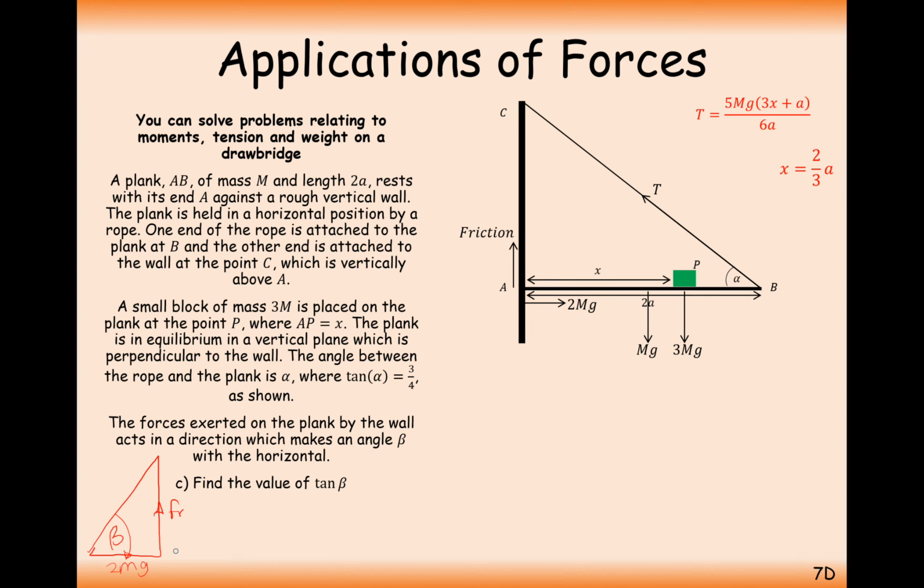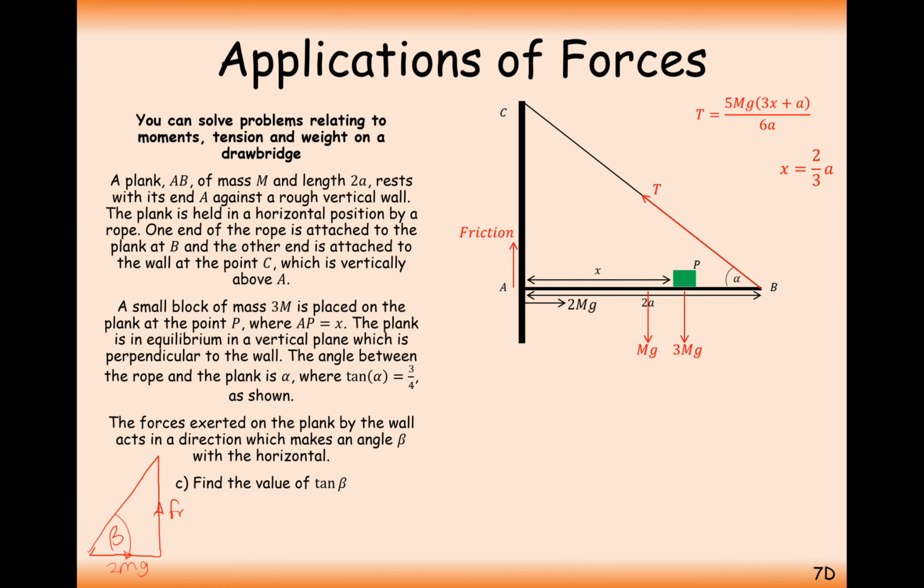So we've got the horizontal, we now need the vertical component here, that's friction. So we need to work out the value for friction. And the strategy we're going to use there is to resolve forces upwards and downwards. We're going to have friction plus T sine alpha in this case, because that upward direction would be opposite the angle alpha.